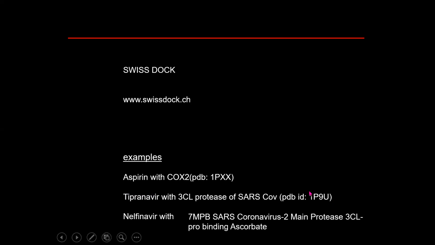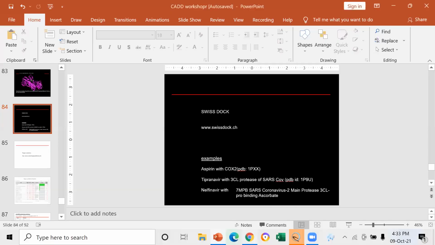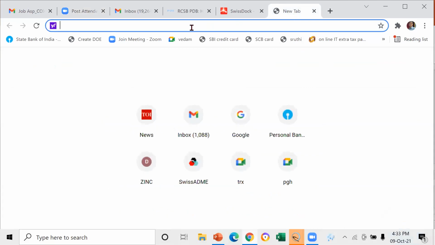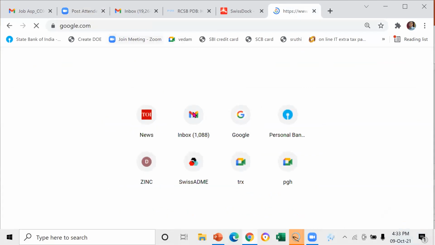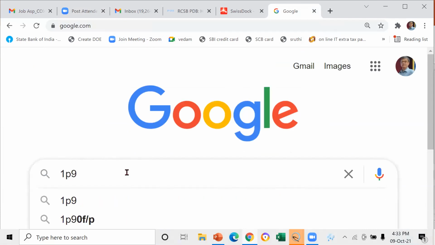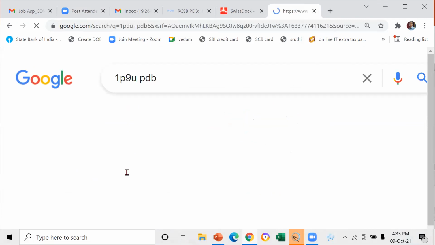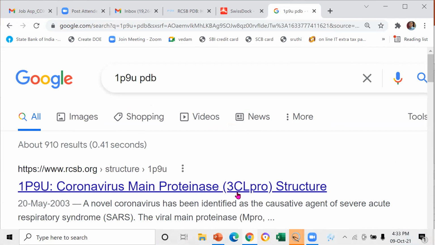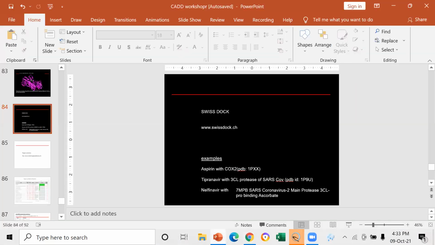So I took this particular protein 1P9U. It's a coronavirus main protease, 3CL protease, a cysteine-like protease. It's involved in the replication process. So I used 1P9U, and tripinavir is an antiviral drug.